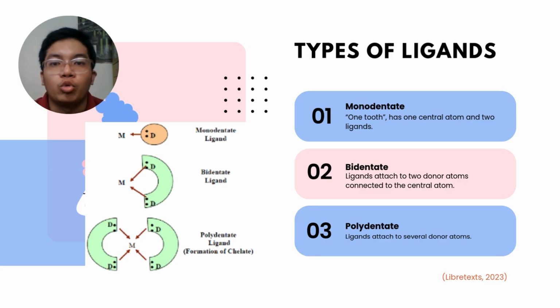Bidentate ligands bind to two donor atoms, which are connected to one central atom via the availability of free electrons. A basic example is ethylenediamine, where there are two amine donor atoms.